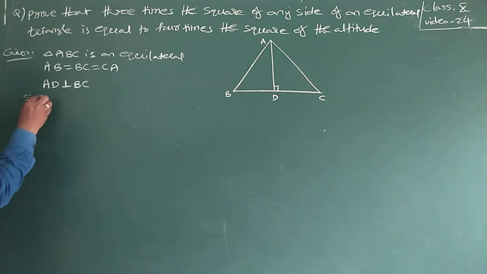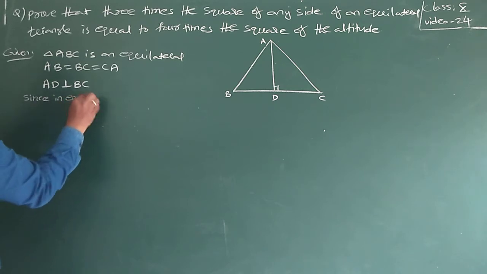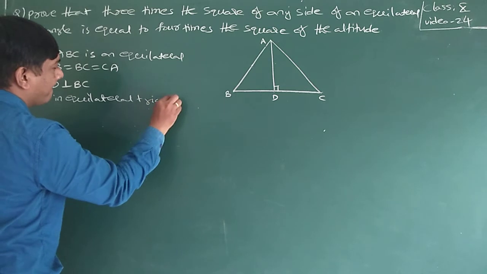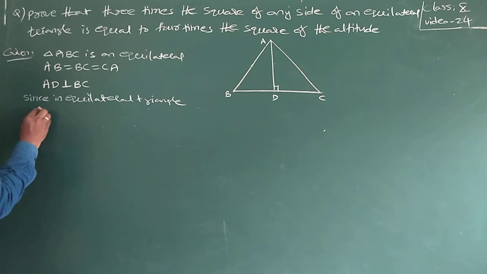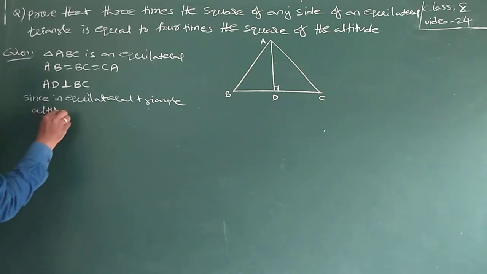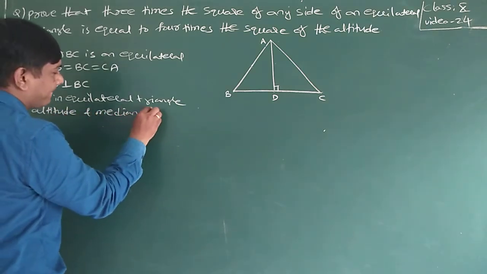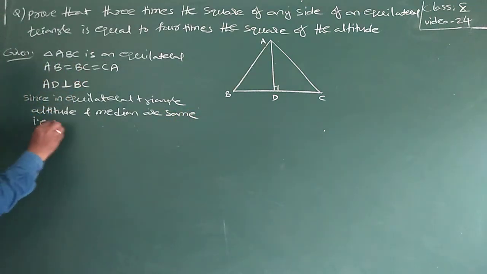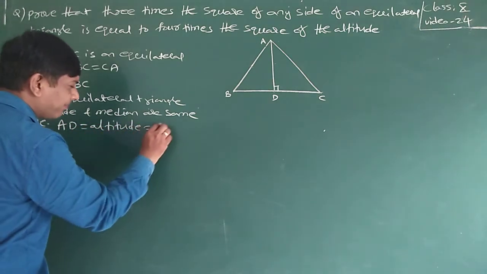So, since in an equilateral triangle altitude and median are the same, AD is the altitude as well as the median.